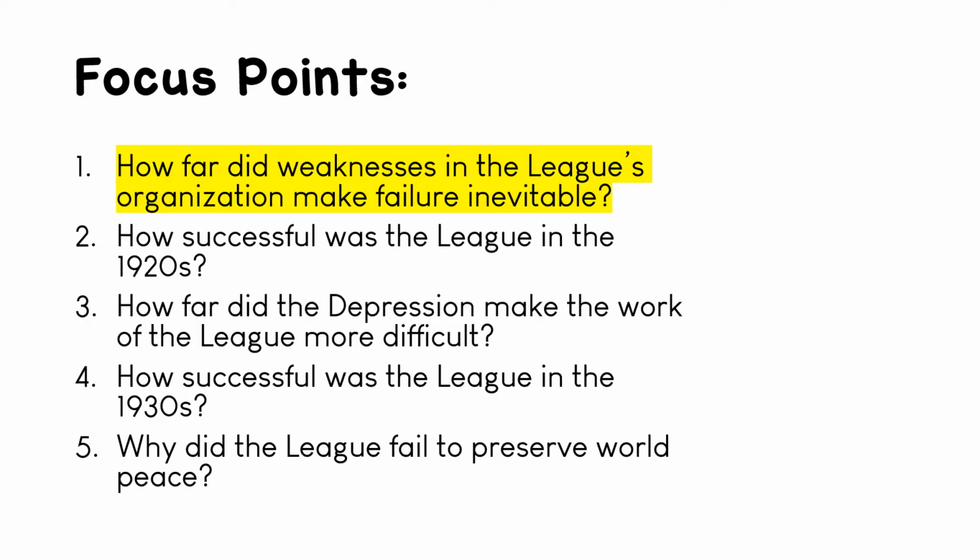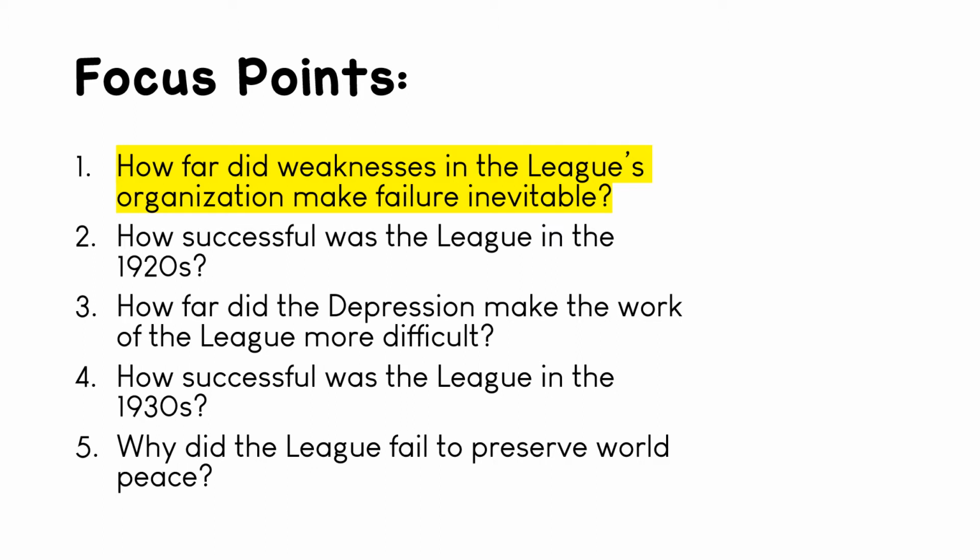This unit is divided into 5 focus points. The first one looks at the weaknesses of the League of Nations and asks the question if these weaknesses made the League of Nations' failure inevitable. The second one looks into different case studies in the 1920s and assesses if they were successes or failures.